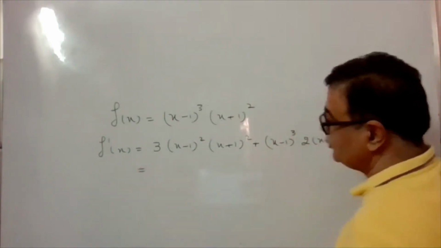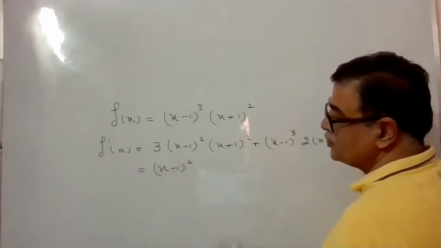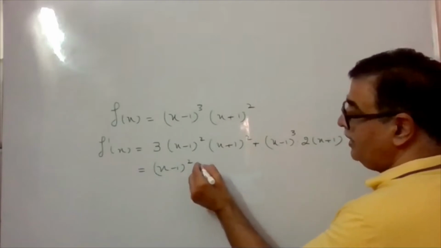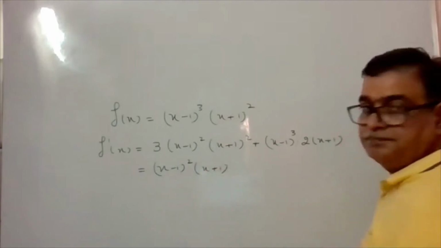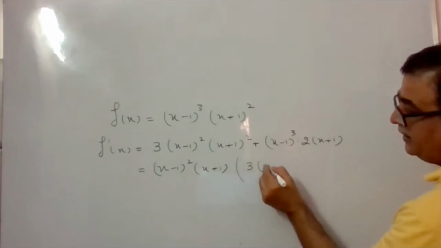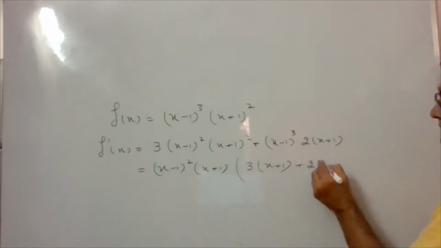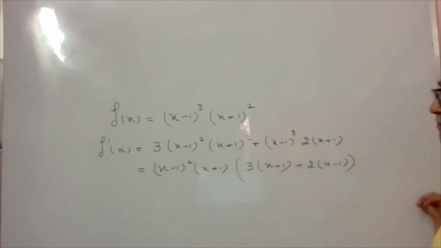Further simplification, what is common here? We have the common (x minus 1) whole square. We have (x plus 1) common here. Then left is 3 times (x plus 1), and here it will be 2 times (x minus 1).